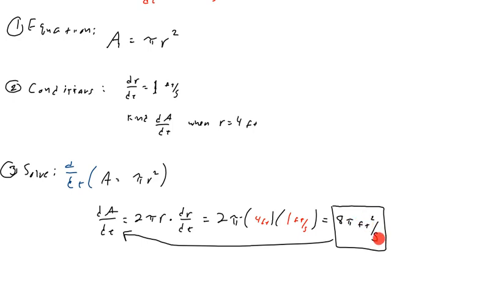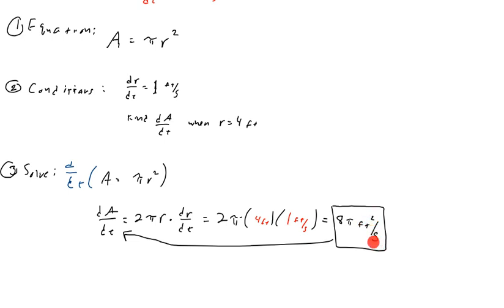That is the rate of change of the area of my ripples through the water. They are growing, because this is a positive rate, growing 8 pi square feet every second.